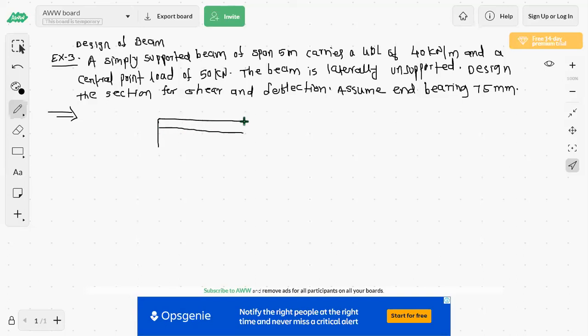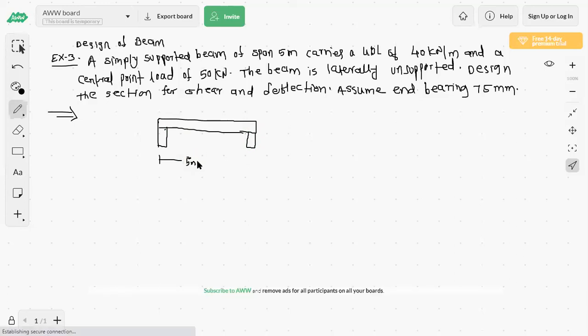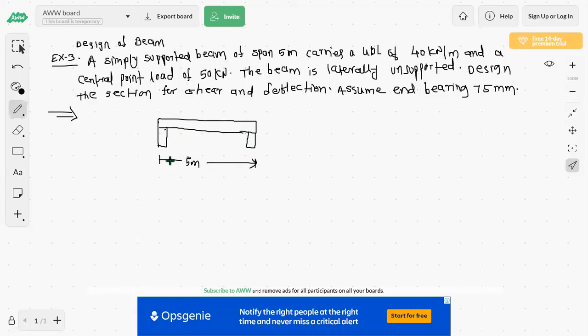So this is the beam that is given. The total span of the beam, 5 meter, is given, and the end bearing of 75 mm is given on each side.